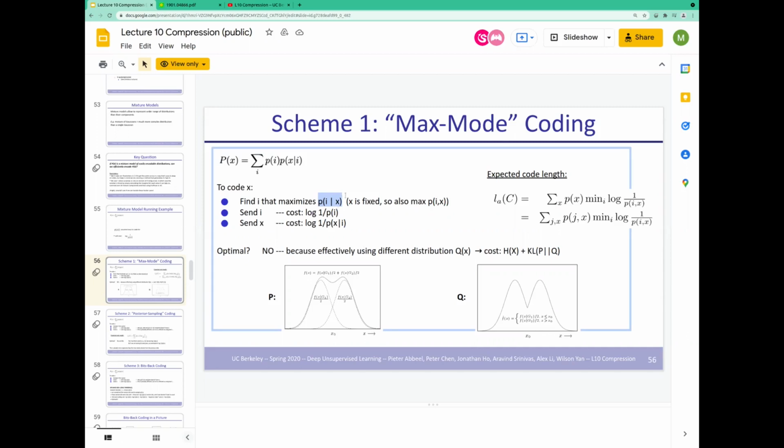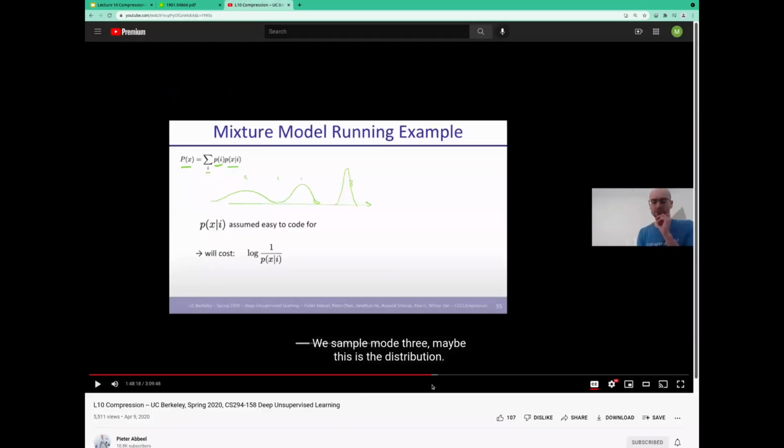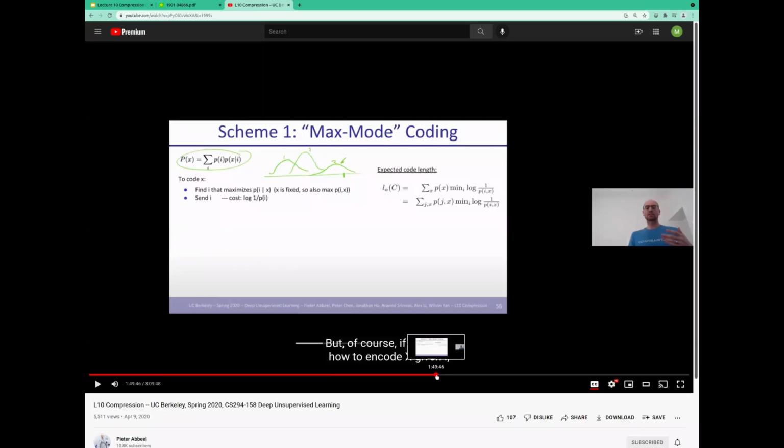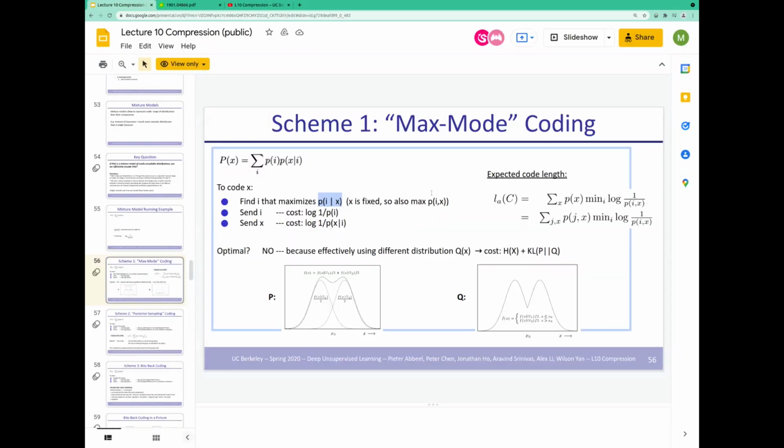If x is somewhere here, I think there's an illustration here by Peter. If x is here, then 3 maximizes it, so we use 3 to encode it. And the question is, is it optimal? No, because we're using different distributions. It doesn't have to be, right?